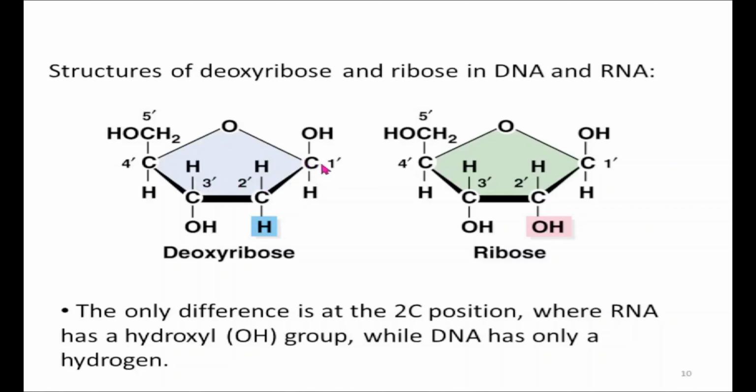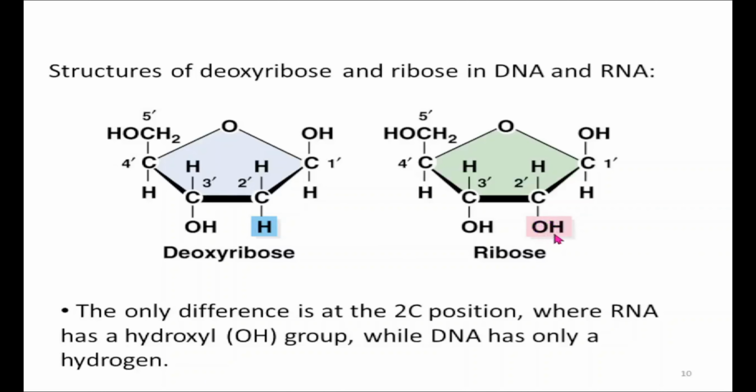This 1 prime is for this carbon: carbon number 1, carbon number 2, 3, 4, 5. At the second carbon, there is no OH, only hydrogen. There is no hydroxyl group here in the deoxyribose sugar. In ribose sugar, at the second carbon, there is an OH.